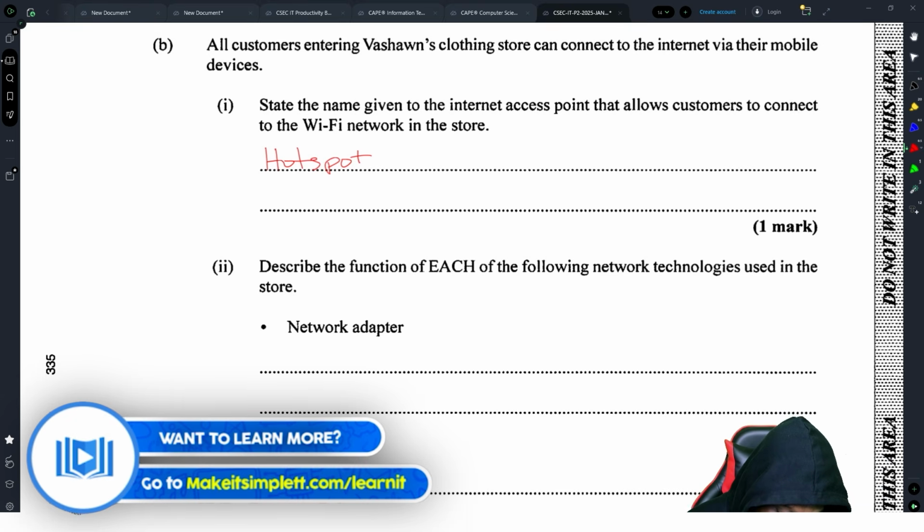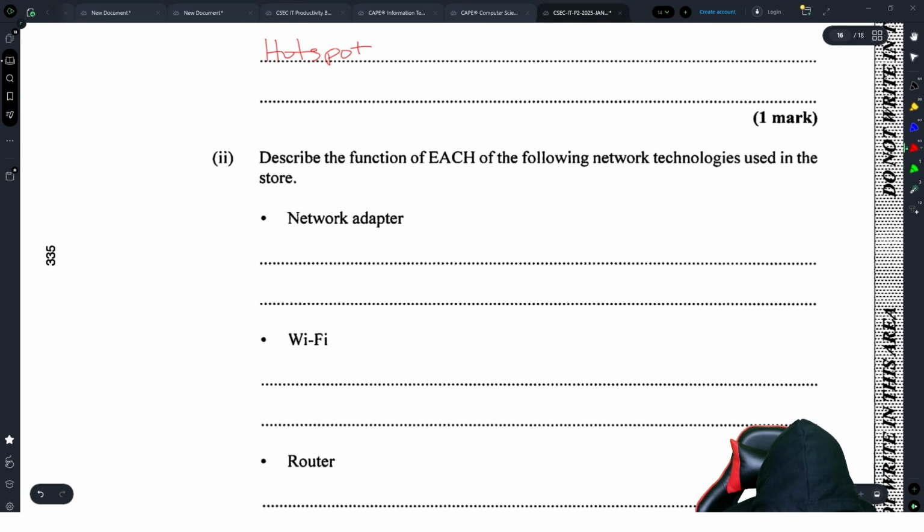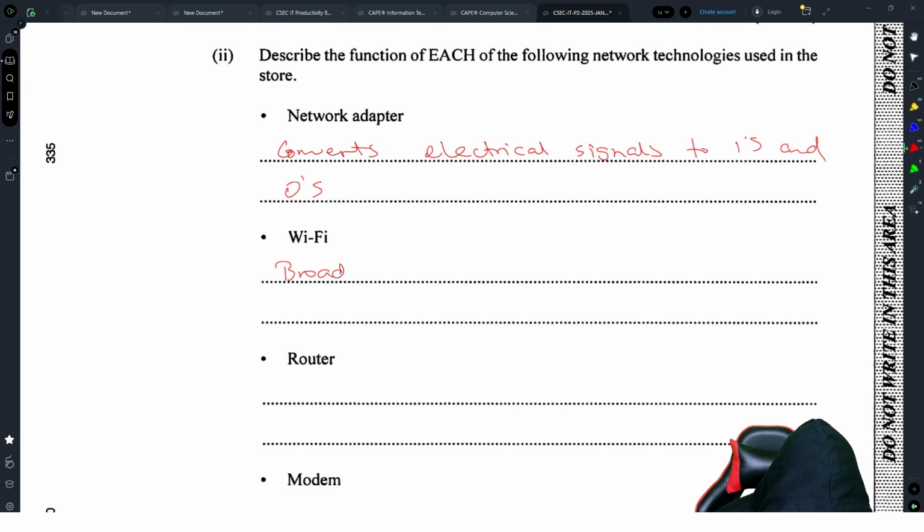Describe the function of each of the following network technologies. Network adapter. The network adapter converts electrical signals to ones and zeros. Alright, Wi-Fi broadcast signals for network connectivity. I guess broadcast radio signals. The radio signals would be a good answer there, yeah.